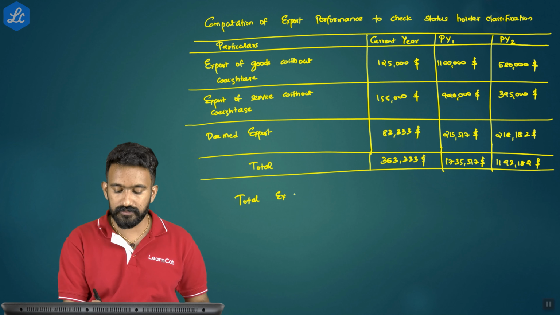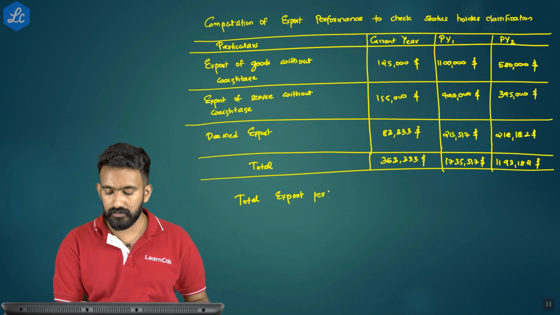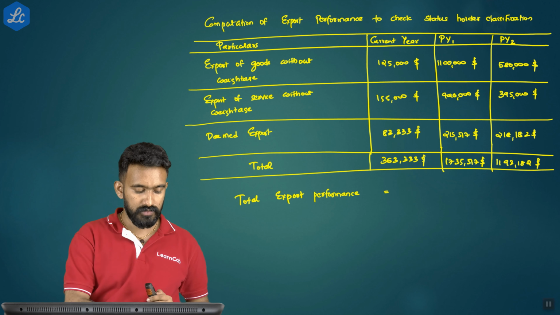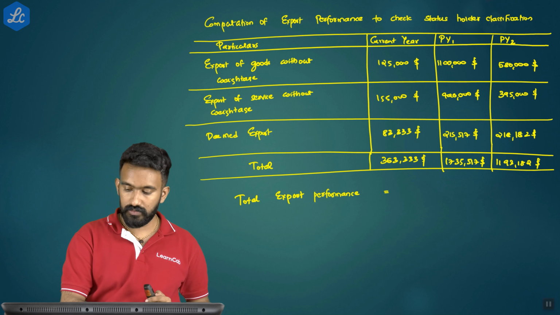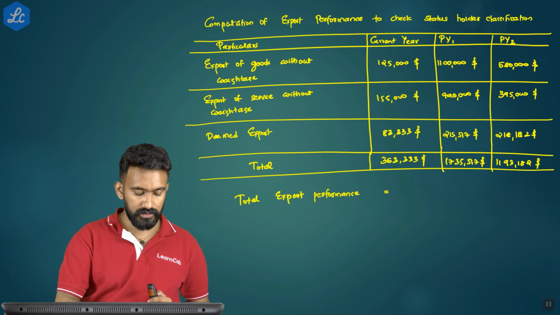So total export performance is equal to 11,93,182 plus 17,35,517 plus 363,333.